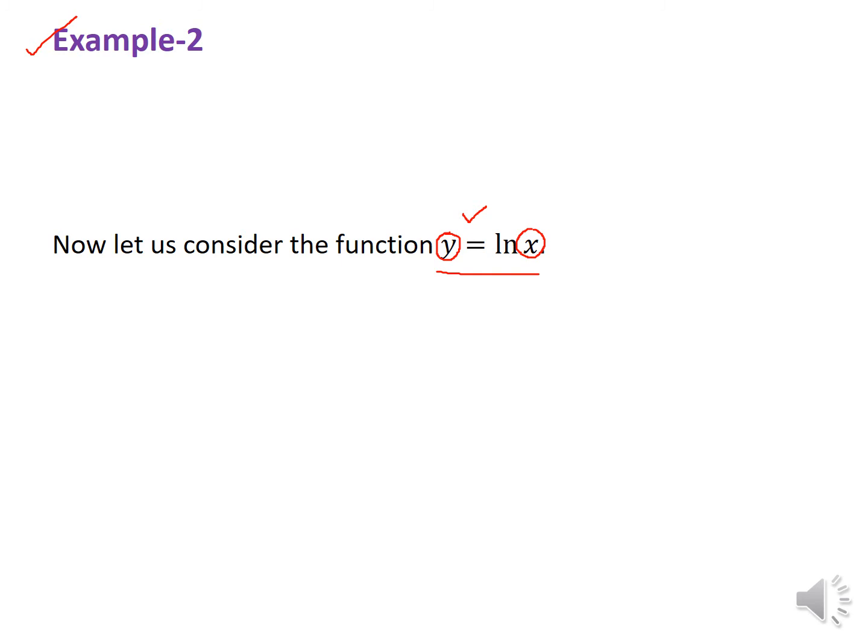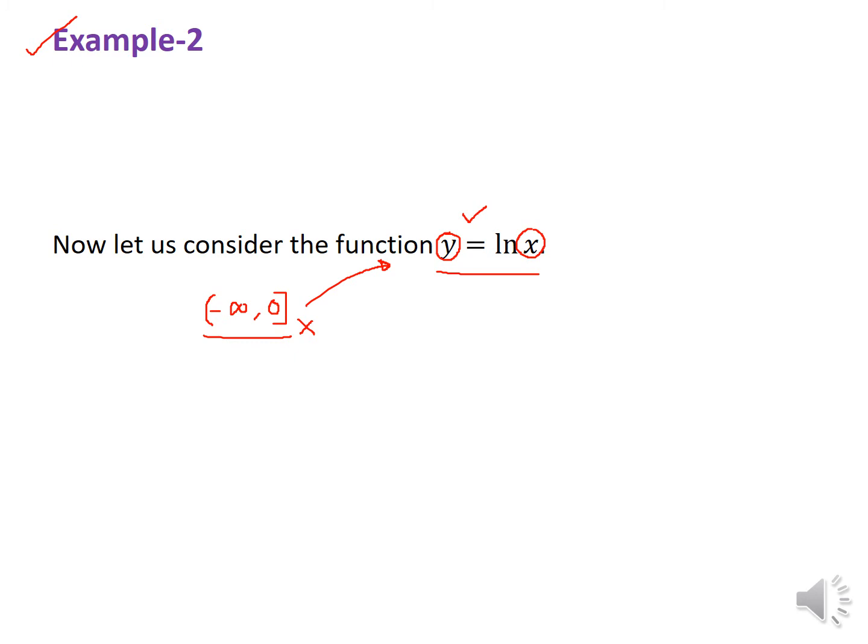So for any negative value or 0, that means for the interval negative infinity to 0, including 0, the function y is equal to ln x will be undefined. So this region, negative infinity to 0, cannot be in the domain of the function y is equal to ln x.